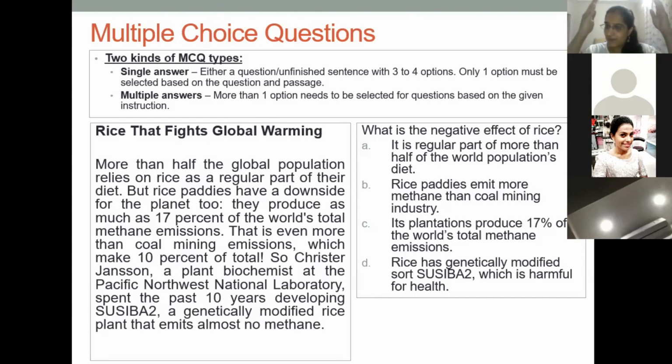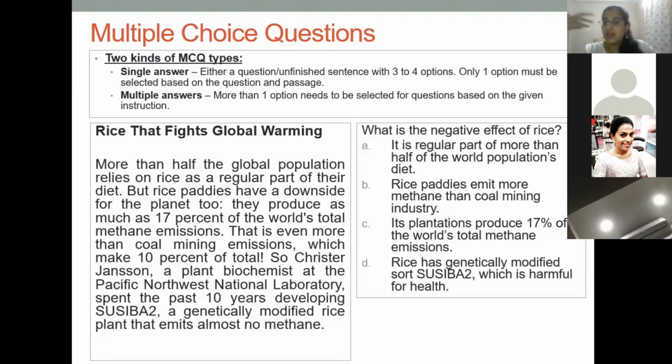You basically have a passage, obviously, a reading comprehension passage. We know that very clearly now. Multiple choice single answer is, like I said, an unfinished statement, question, or some information from the passage, which has 3 or 4 options, out of which only one is correct and present in the text.